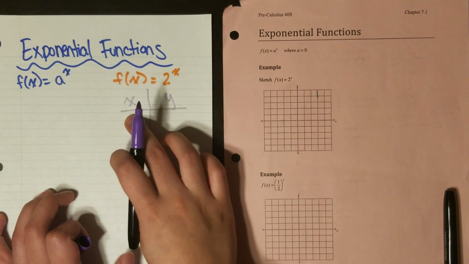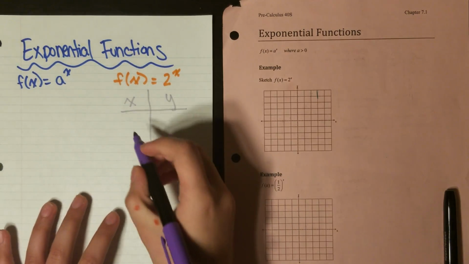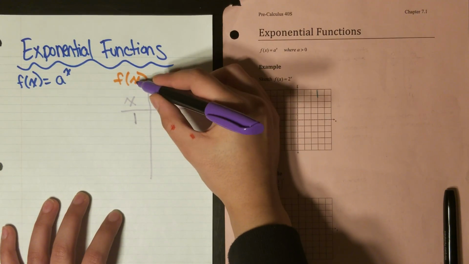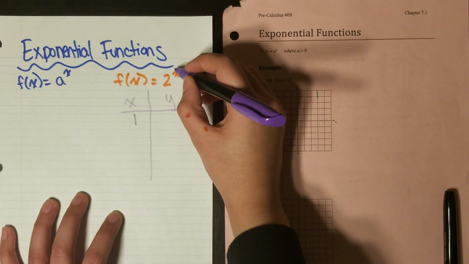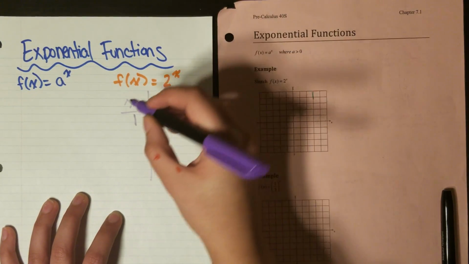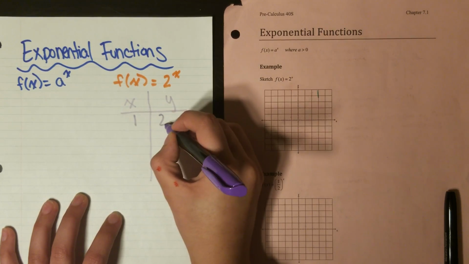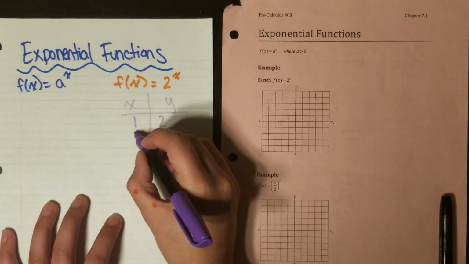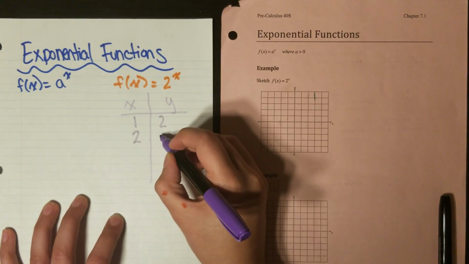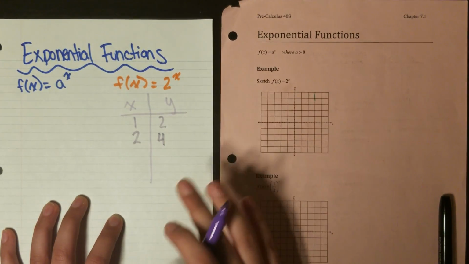So when x, let's start off with something easy. When x is 1, what is y? So when x has an exponent of 1, that's 2 to the exponent of 1, and that's just 2. So when x is 1, y is 2. When x is 2, so that's 2 to the exponent of 2, y is going to be 4, okay?